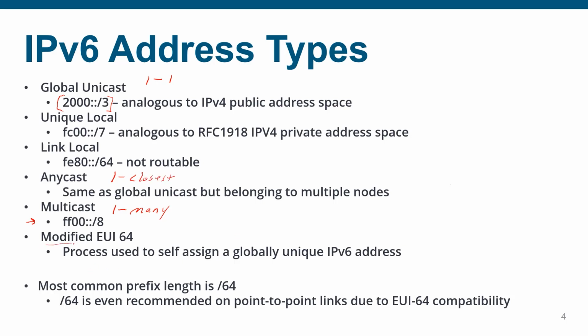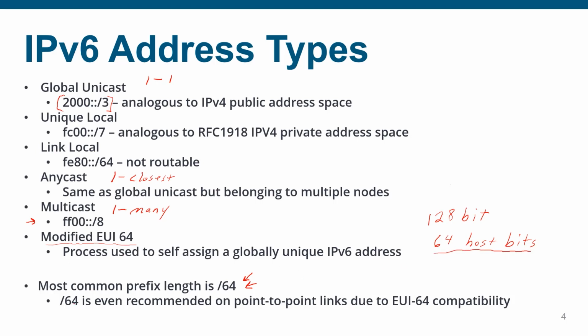And the modified EUI64, this is the process used to self-assign a globally unique IPv6 address. The most common prefix length is a /64. And there is a 128-bit address field, which means a /64 would leave us with 64 host bits. This is a huge number of potential host addresses in a /64.